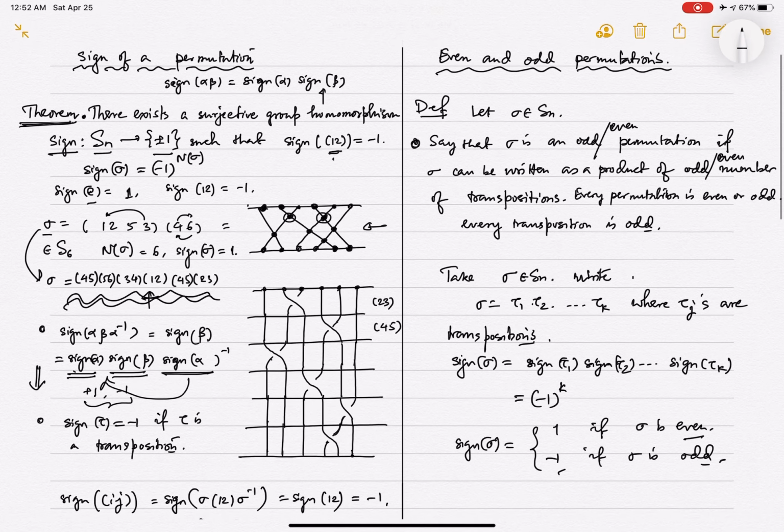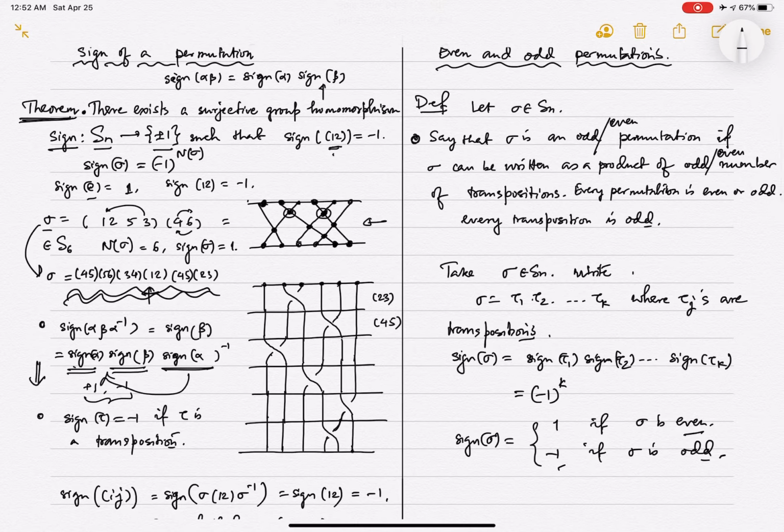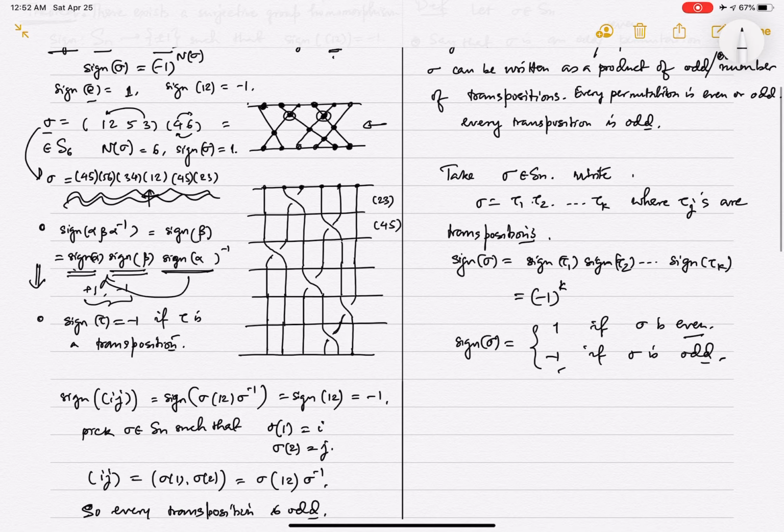But the sign is a well-defined function. We saw that. It's (-1) to the power of the number of crossings. So the sign cannot be both plus 1 and minus 1 at the same time. So no permutation is both even and odd.